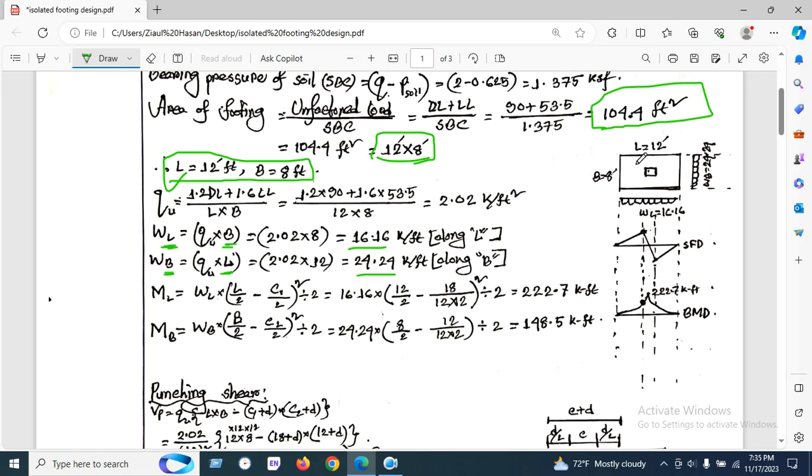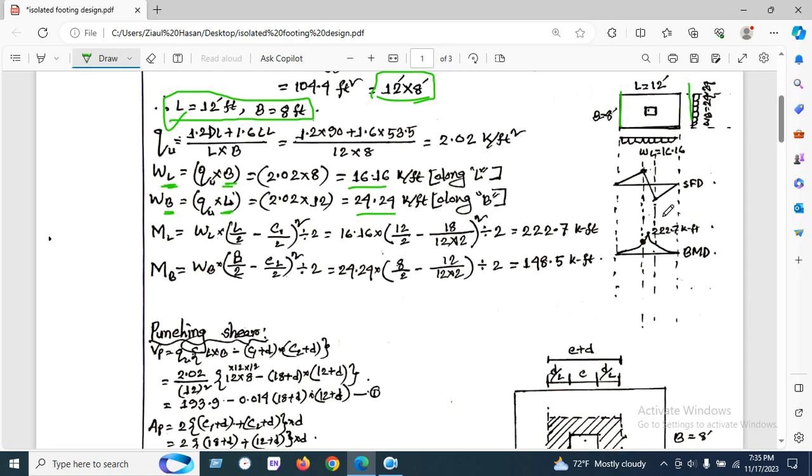So we can see here the length of the footing is 12 feet and the breadth is 8 feet, and the unit pressure of soil 16.16 is along the L direction, and similarly the B direction.